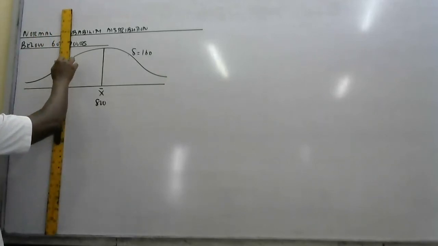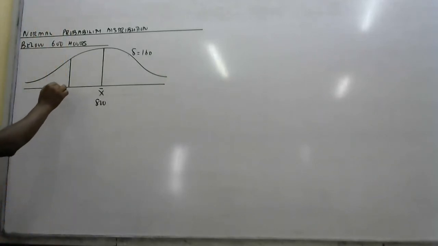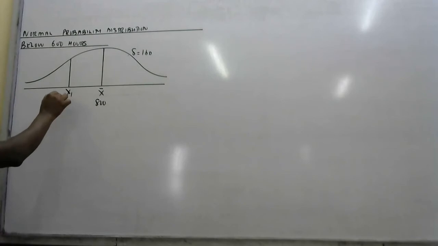So we want those which are below 600. So that must be our X1 here, which is 600.